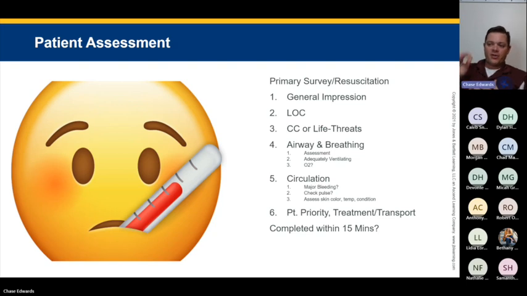Let's go through the general impression. I'm going to say he's sick. I'm going to walk in and say, hello, my name is Caleb. I'm going to be your EMT today. What seems to be the problem? As soon as you start talking to him, he looks up at you. He didn't look at you as you came into the room, but when you started talking to him, he looked up at you, but he appears a little disoriented.